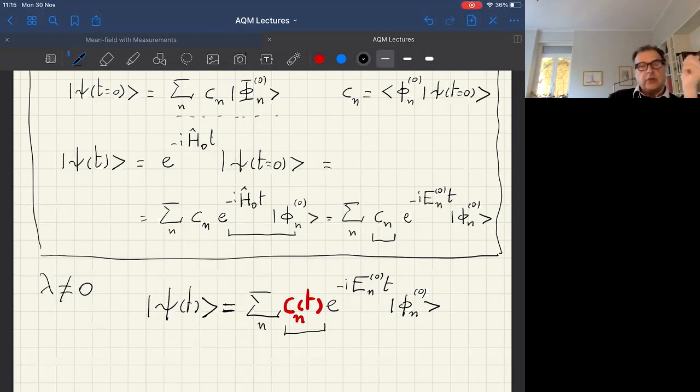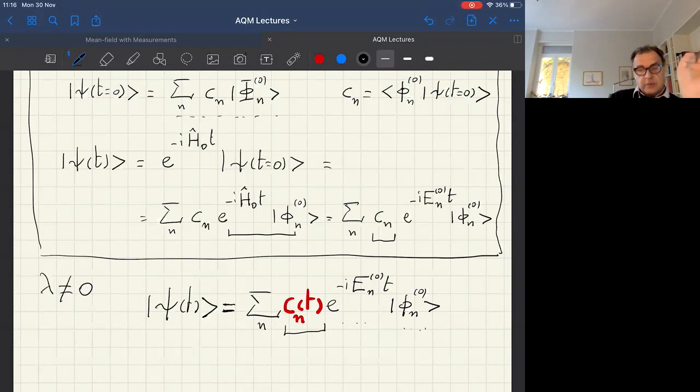The reason why you use this basis and this exponential is that you know that when lambda is equal to 0, these coefficients are time independent and are just given by the overlap of the initial wave function with the basis phi 0 of n. So the idea is that starting from that situation that you know, you may construct a set of equations that determines the Cn of t.